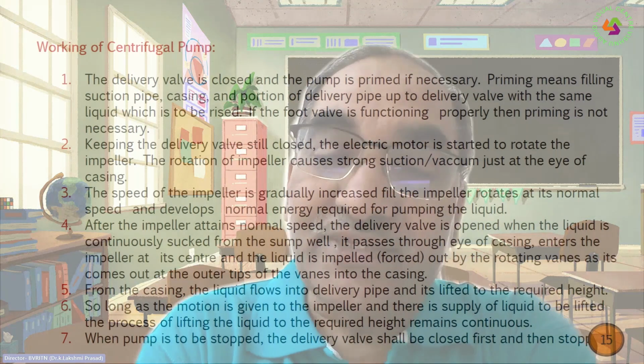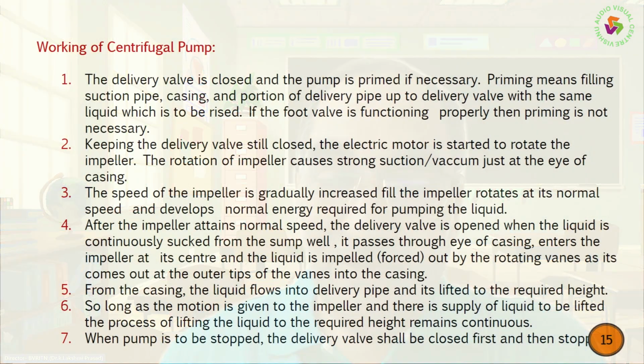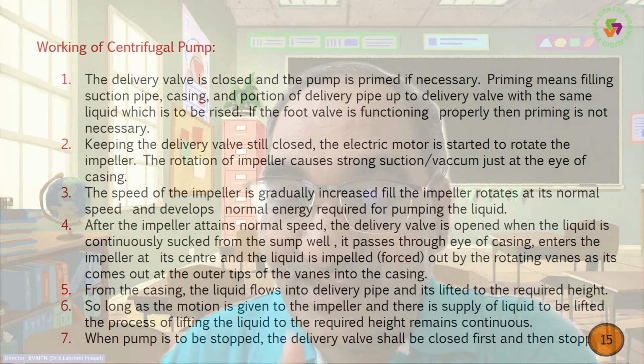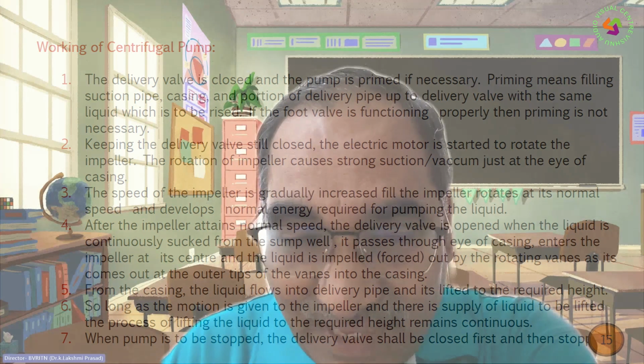It transfers that energy to the liquid which comes in contact, that is water. Thereby, the water is lifted from a lower elevation to a higher elevation. So kindly remember, work is done by impeller on water.